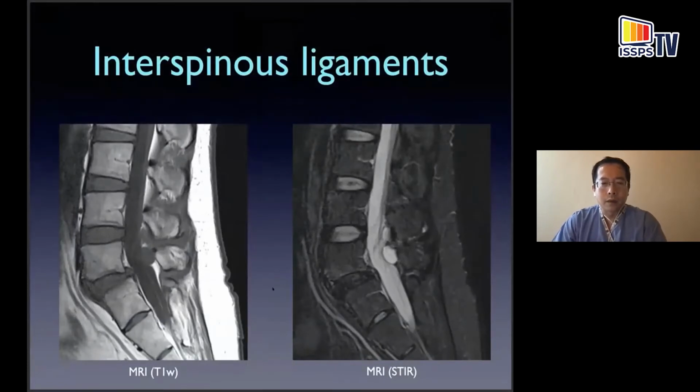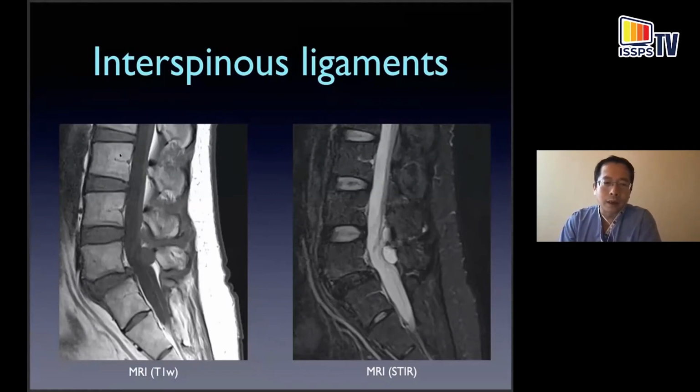The other thing that you can encounter with reduced interspinous spaces is also the presence of these cystic structures. These are synovial cysts arising likely from the facet joints itself, and they arise posteriorly and encroach on the epidural space.